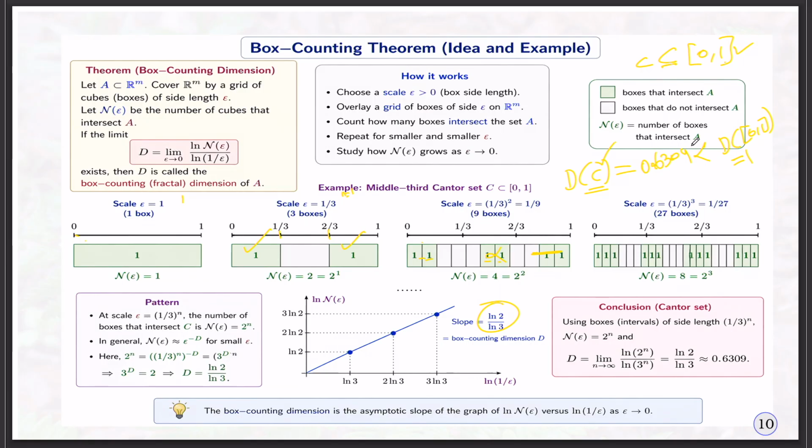Likewise, we can find the fractal dimension of any object in R power n by using the covering of the object, that means the covering of the whole space.